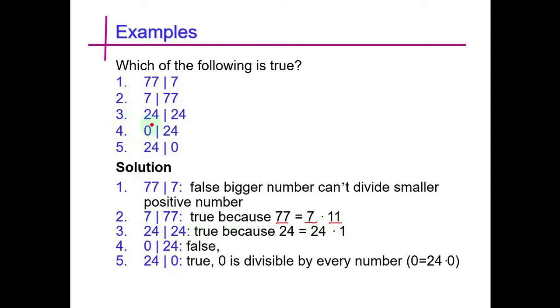And in the third example we see that 24 divides 24, and it can be written as 24 is equal to 24 into an integer, which is 1 in this case. Similarly, the next examples can also be seen.